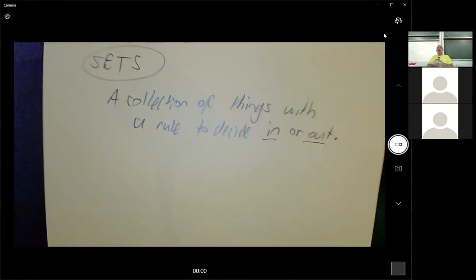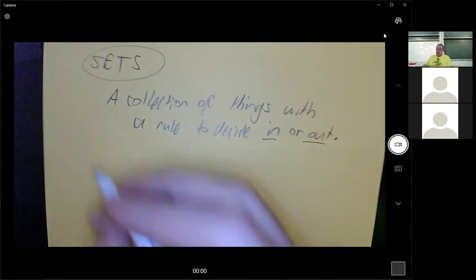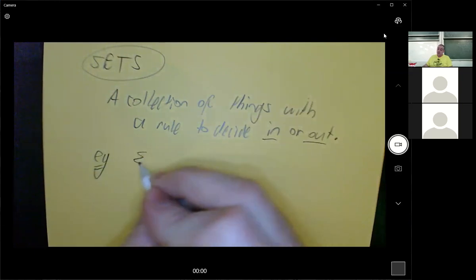And that rule has to be unambiguous, and not be able to have any contradictions when you attempt to think about it. Okay. So in this area, sets come in two main flavors, based on the way that you decide whether things are in or out.